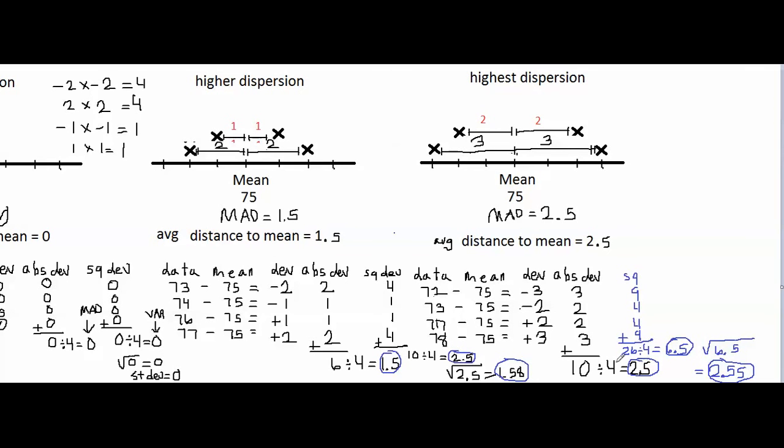But over here they went up to 2.5, 6.5, and 2.55. So each of these three values became larger over here. So when the spread goes up, like it does from here to here, all three values, all three measures of dispersion will increase.